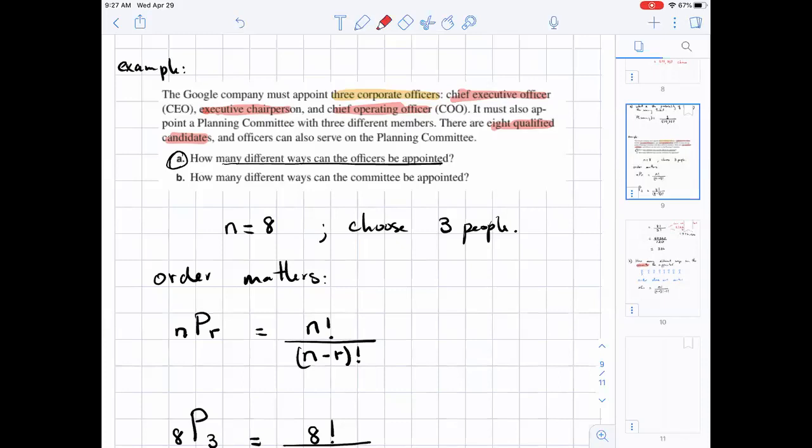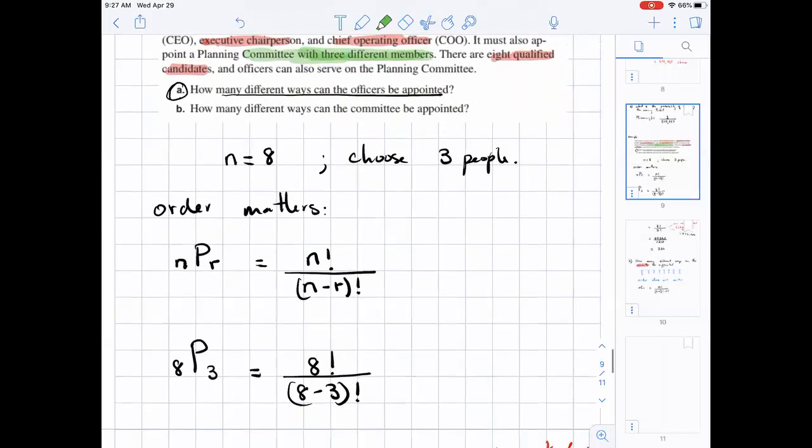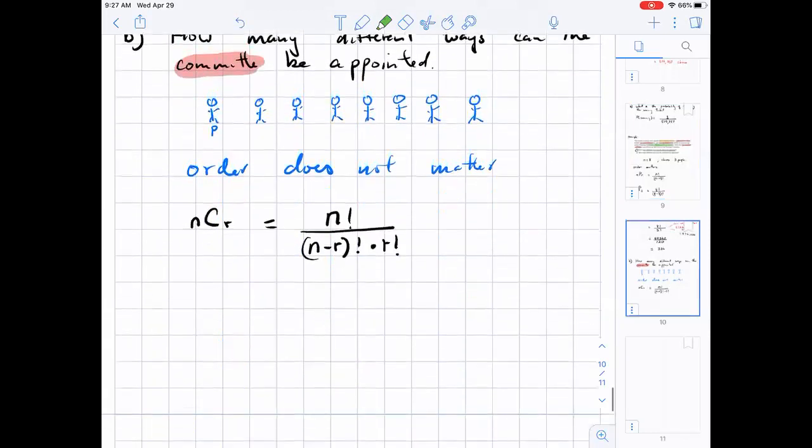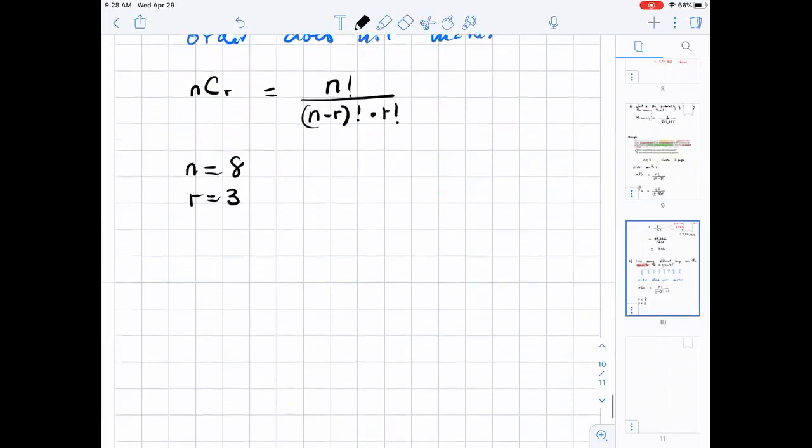If you notice here, it must also be applied with 3 different members. So the planning committee happens to be 3 also. This 3 has nothing to do with the 3 executive officers you choose. So in this scenario, N is still 8, but R happens to be 3. This only happens because the number of committee members happens to be the same as the executive officers, right? The number of people is 3.